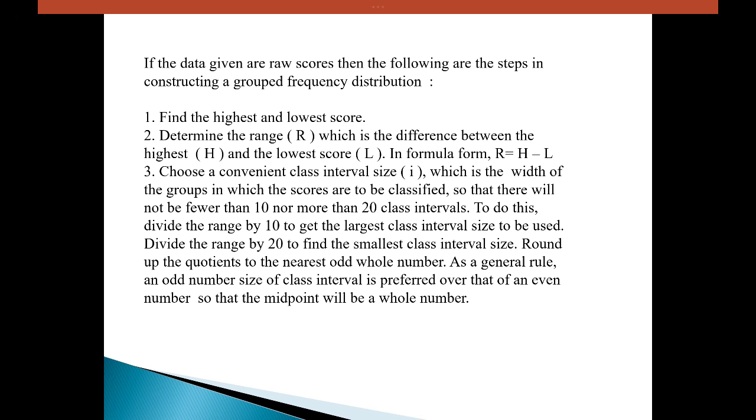If you divide it, the midpoint will be a whole number instead of, with an even class size or class interval size, which will result in a decimal point. So it is preferred to have a whole number as your midpoint. So it is preferred to use an odd class interval size.